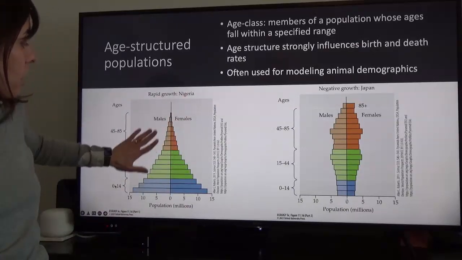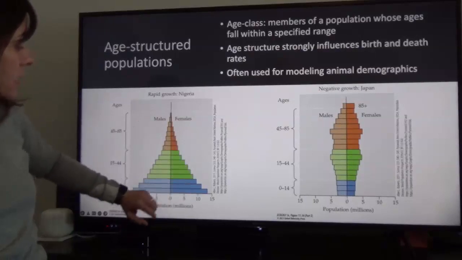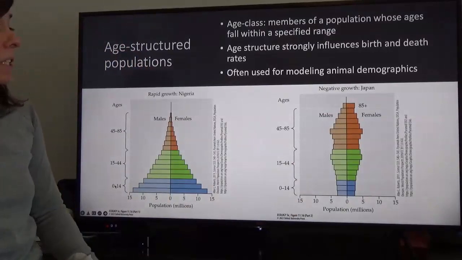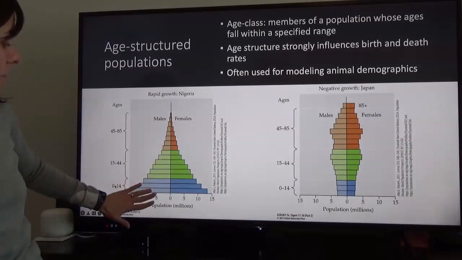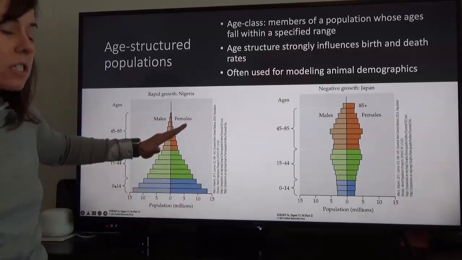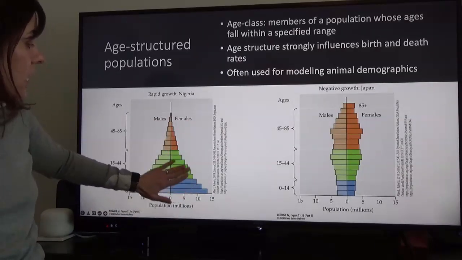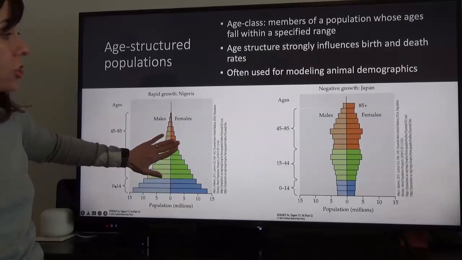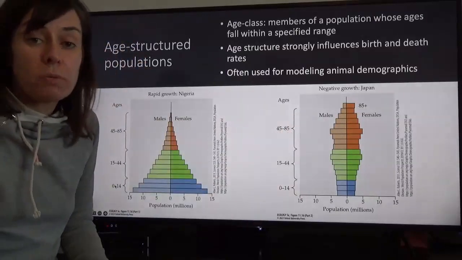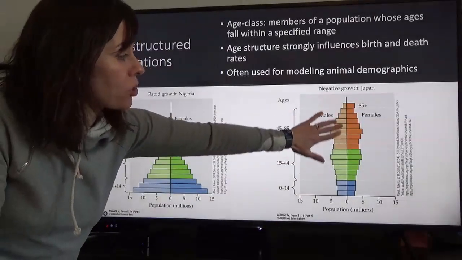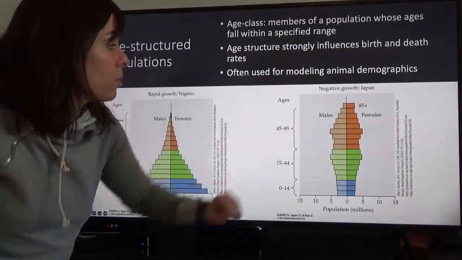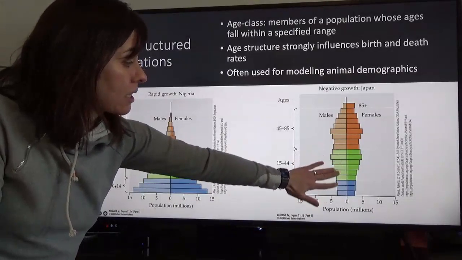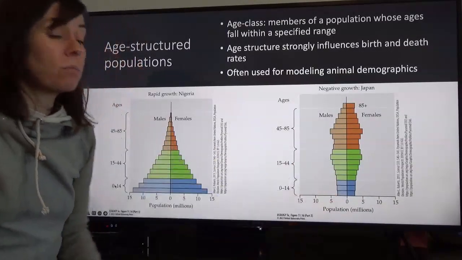Okay, and so on the one side we have males, on the other side we have females, and we have two very different age structures in these two populations. On the one hand, we have the Nigerian population, which is very skewed toward larger numbers of younger age classes, and there are very few older people in the population compared to Japan, where there's a much higher proportion of the population that falls into these older categories, and a much smaller proportion that is in the reproductive or juvenile age classes.